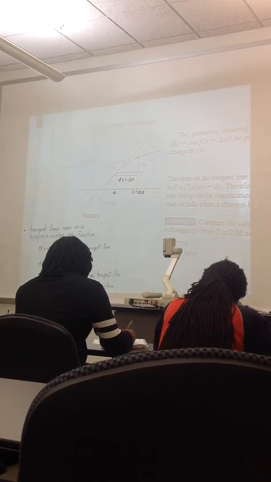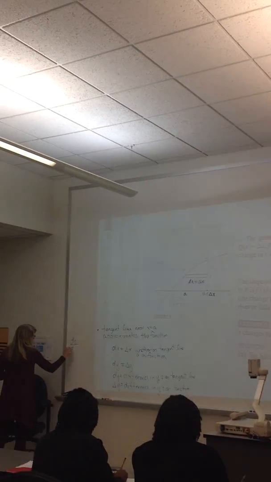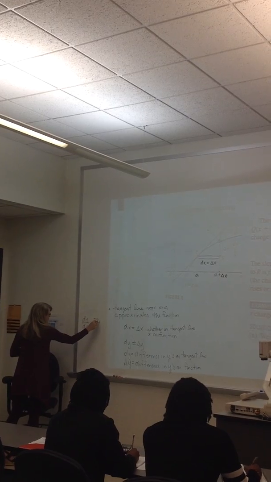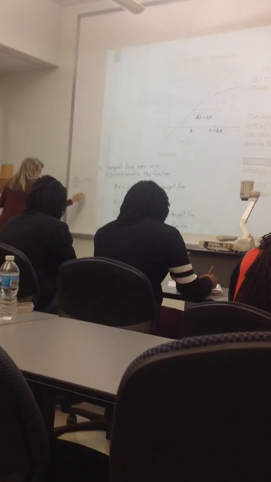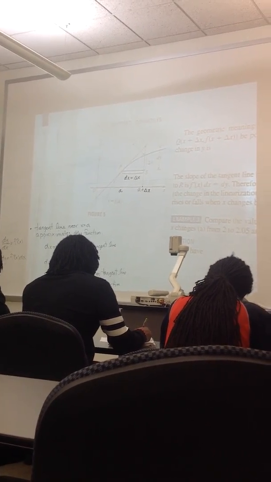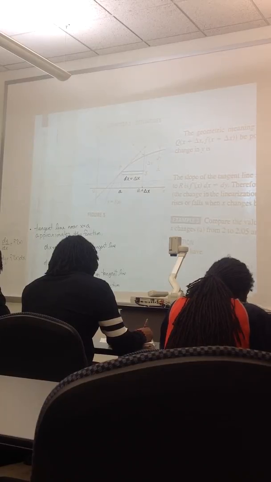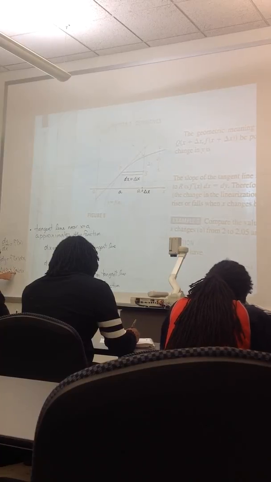And if you take the idea that this is denoting the derivative of the function at x, you can approximate, well actually this is true, but you can approximate delta y by finding the derivative of your function, evaluating it at the point that you're interested in, and then multiplying that by what you changed x.